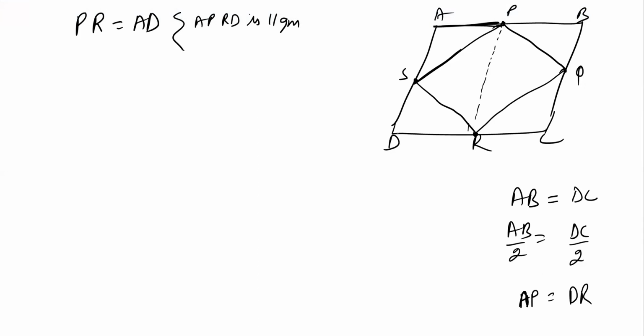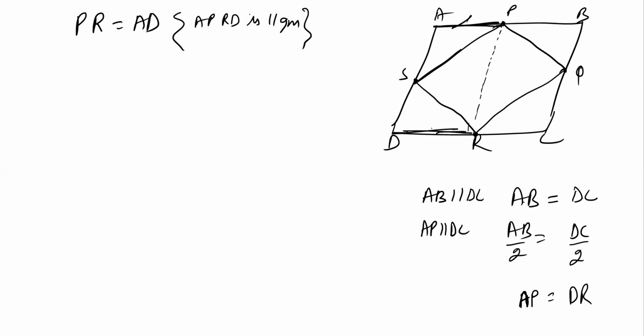So AP can be written as DR. Understood? Since AB is also parallel to DC because it is a rhombus, AP will also be parallel to DC.